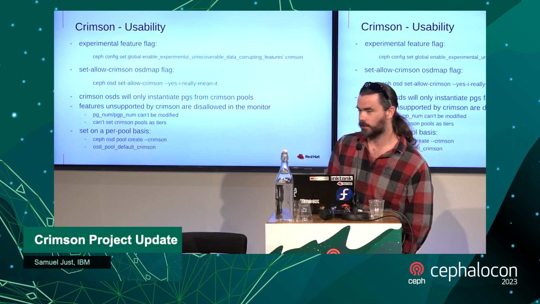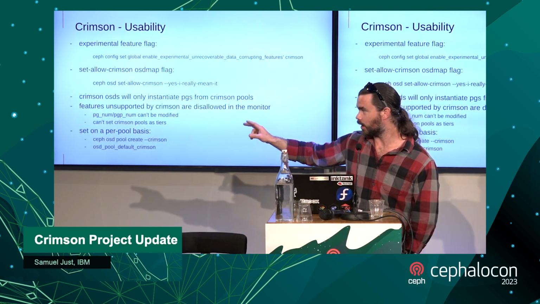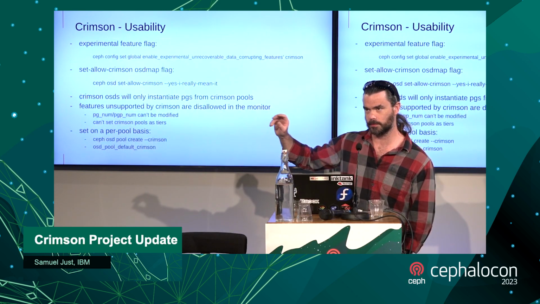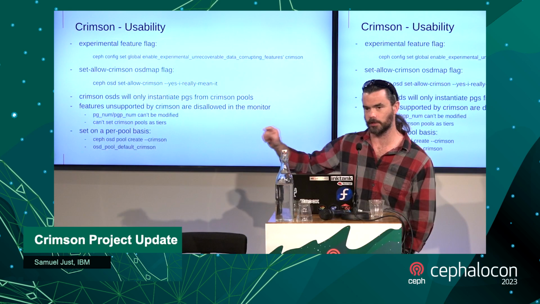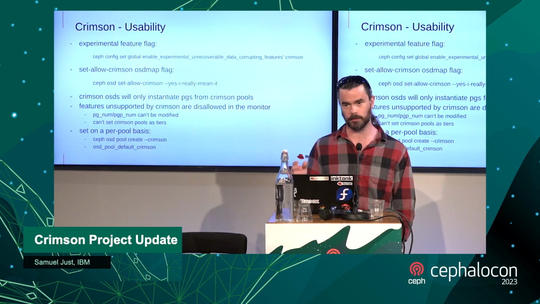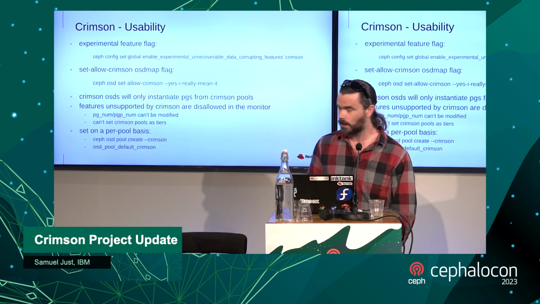And once a cluster has been tainted this way, it will not let you untaint it. Until you set this, it won't let a Crimson-OSD boot, and you have to tag each pool you want to be able to map onto a Crimson-OSD specifically, because there are a few features we don't support yet, like changing PG pool size, for instance. You can't change the number of PGs.